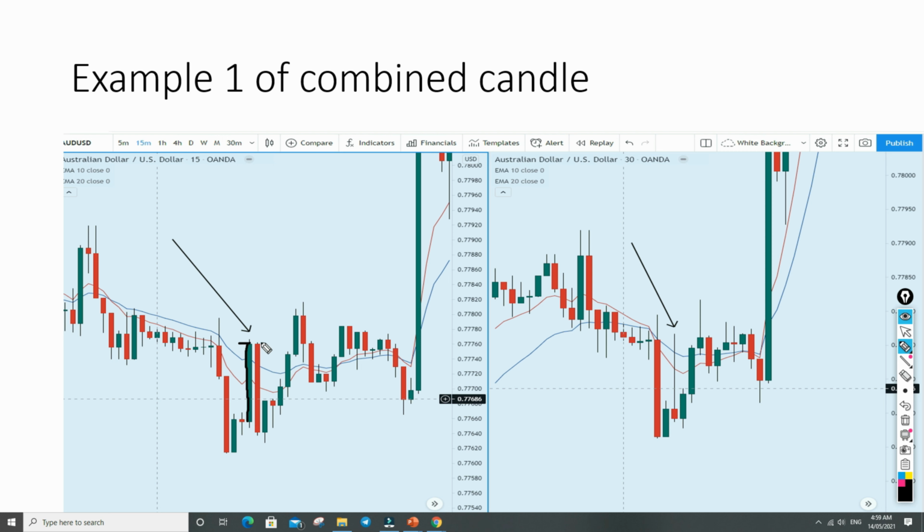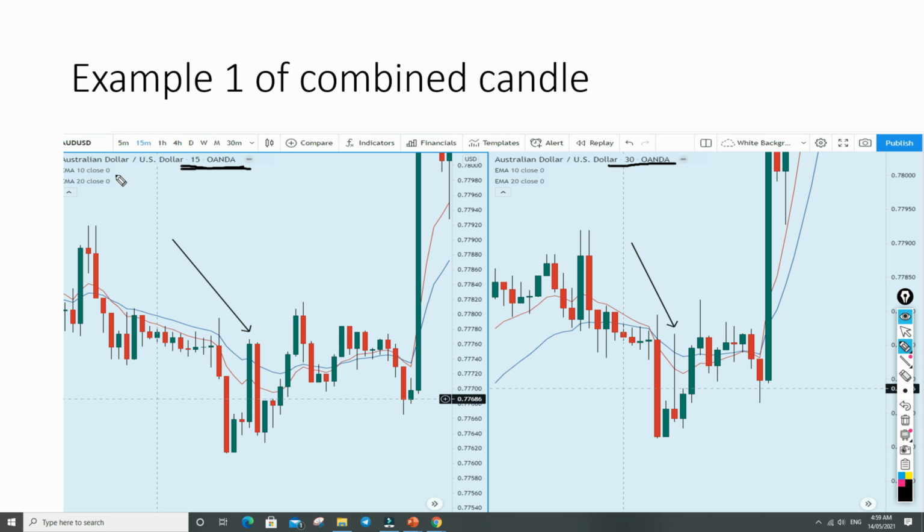The next candle opened here and then sellers came back and closed back here. This chart is a 15 minute chart, and this is what happened on these two candles on the 15 minute. Now let's go to the 30 minute chart.